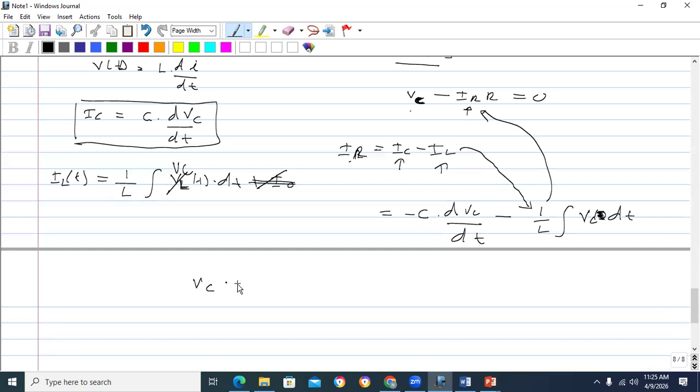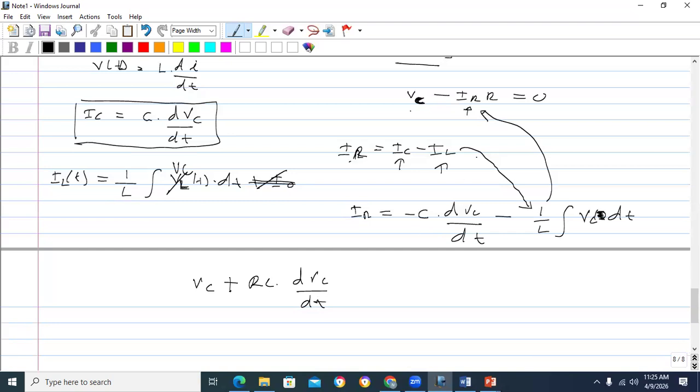VC minus, instead of IR, you can apply this one. So it is multiplied by R again. So here it is minus, no, this minus and this minus, it will be plus RC dVC dt.